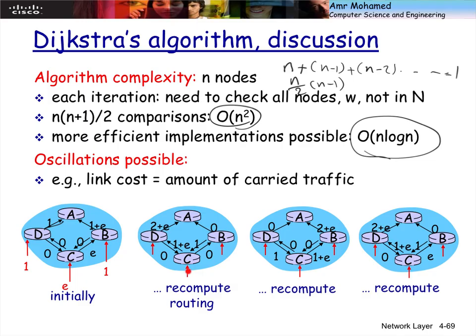After some time, the cost here will become 0 plus 0, and I have E. So Dijkstra will say, no, let me switch to here because this cost is less than this. So after some time, I will switch all the traffic to here, and in the next iteration, I will switch all the traffic to here. So I'll keep doing that.